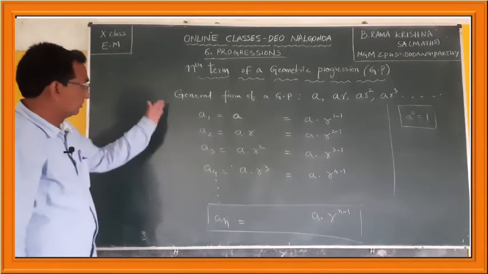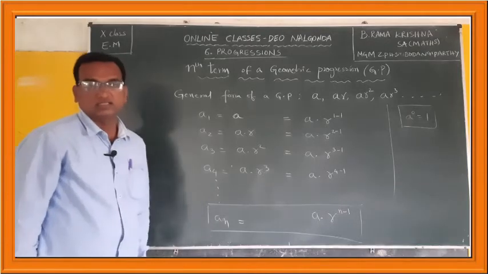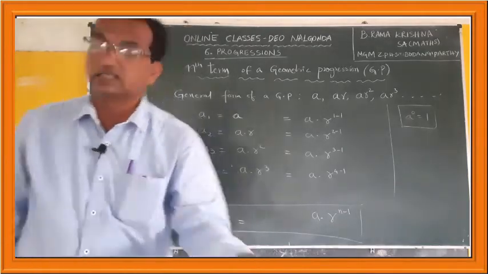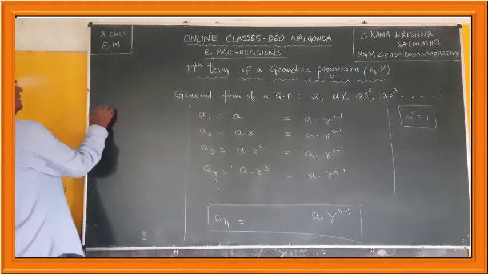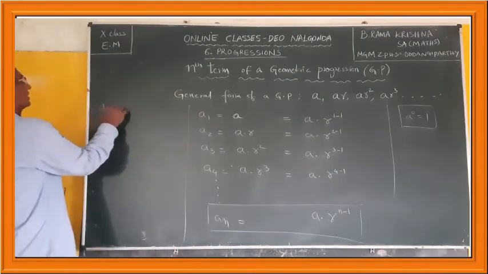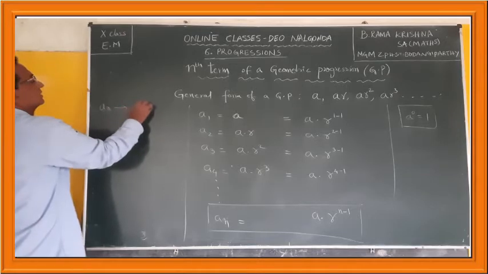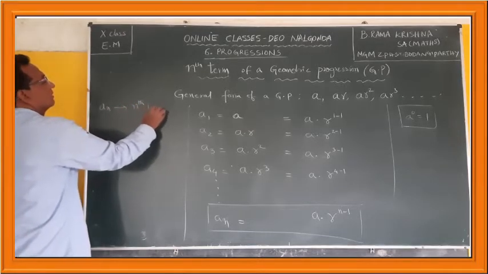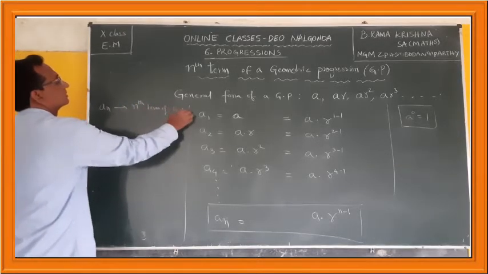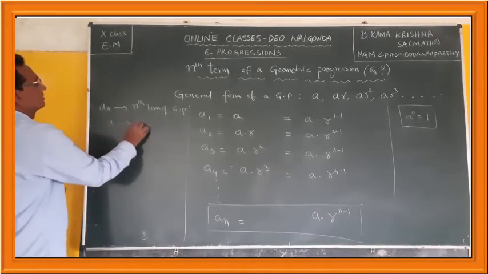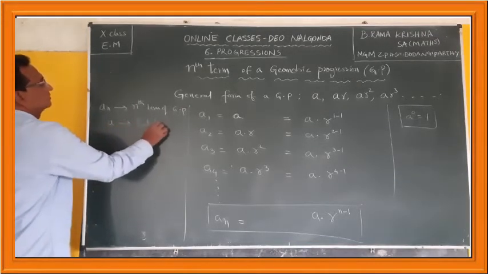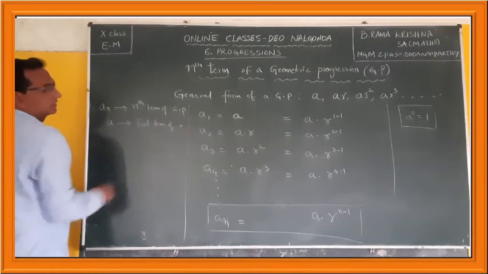Okay. Now, you have to understand the terminology involved very carefully. Let me write what these are: a sub n is the nth term of GP. A is the first term of GP.